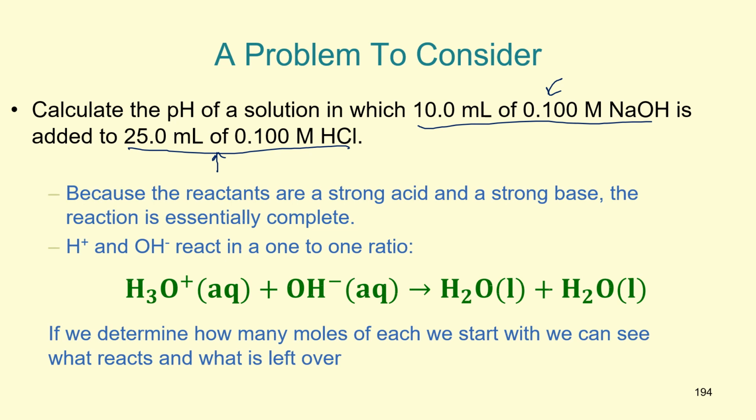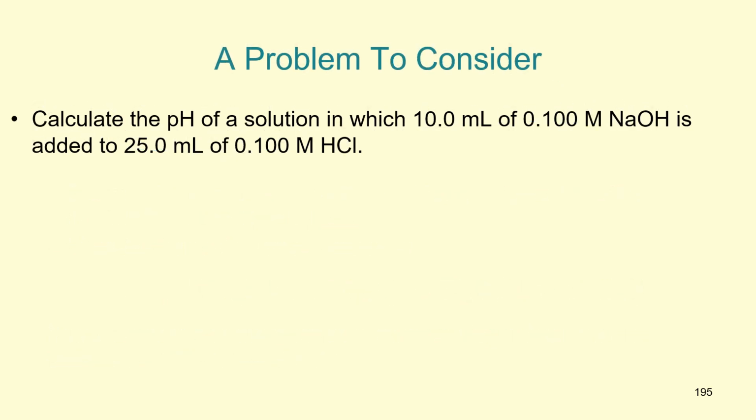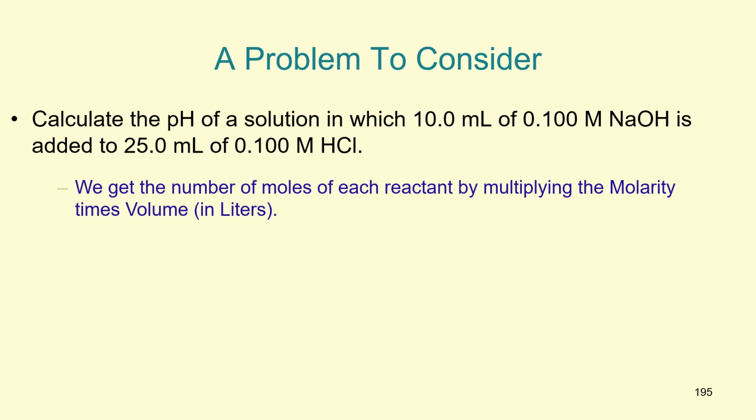So the first thing you want to do is calculate moles of acid and moles of base. Remember that moles equals molarity times volume, and volume has to be in liters because molarity is moles per liter.